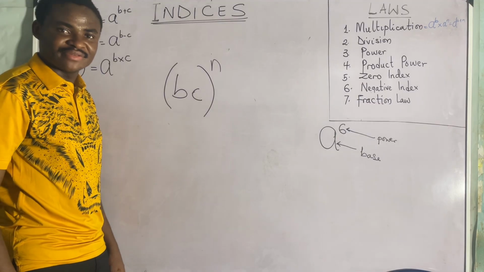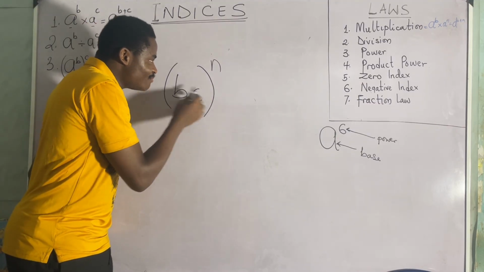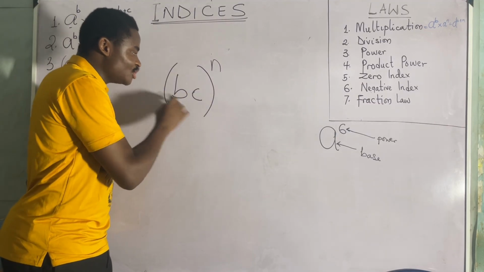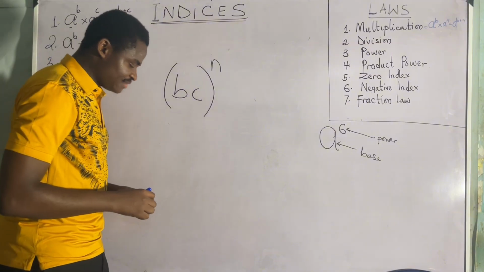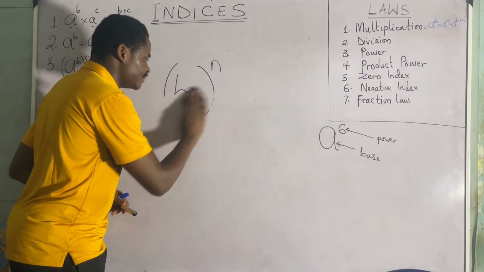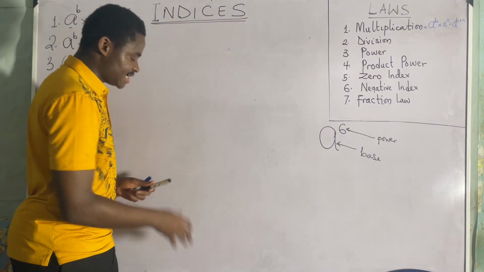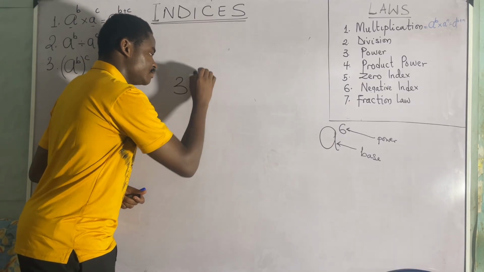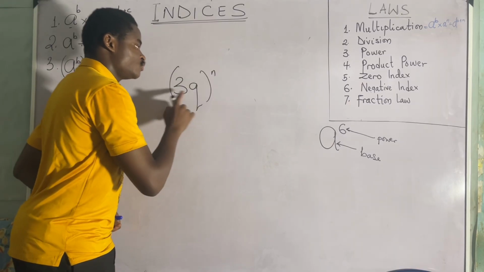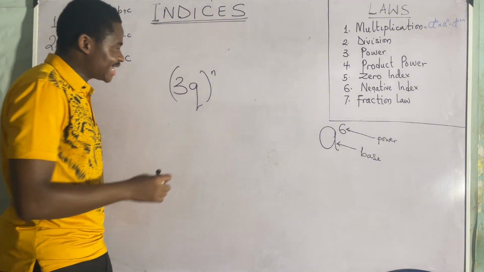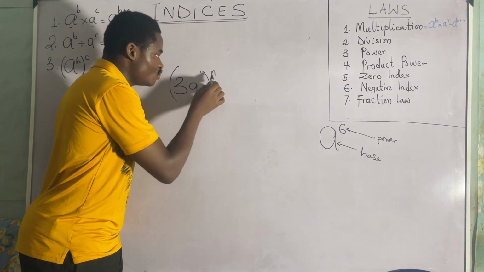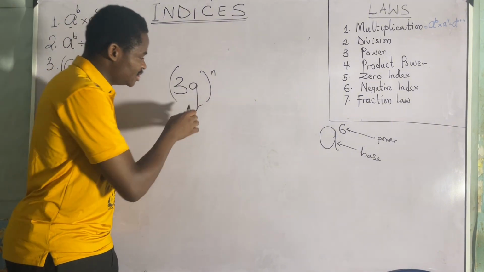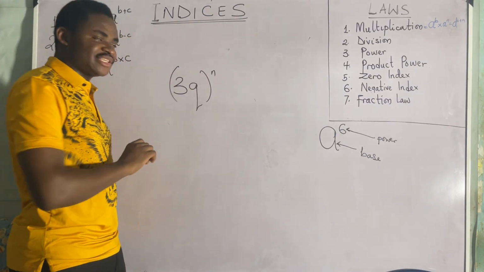What does this mean? For you to open the bracket, this power should affect both numbers. Let me use an example with real numbers so it makes sense. Let's say we have 3 and q here, raised to power n. For you to open the bracket, this base will be affected by the power n, and this other base will be affected by the power n.